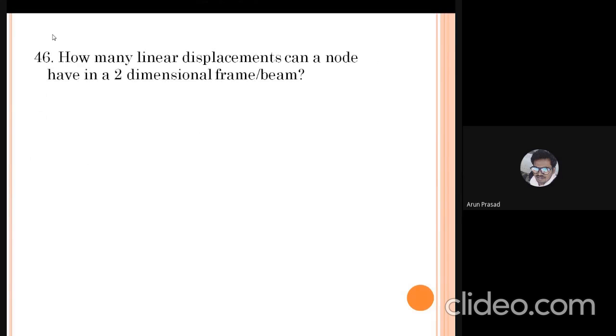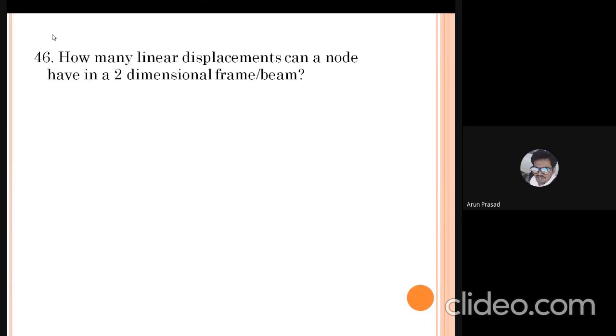So next question. How many linear displacements can a node have in a 2-dimensional frame or beam? In a 2-dimensional frame, whether you're considering beam or frame, there's a node.